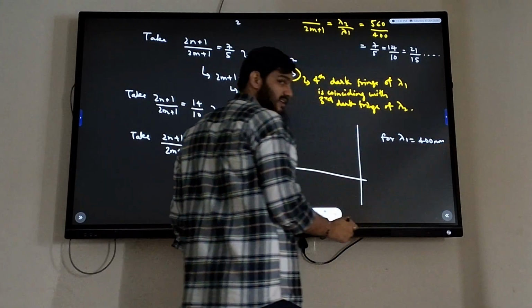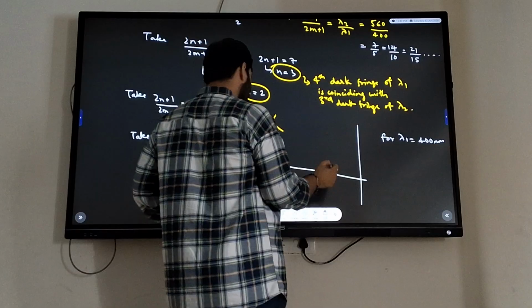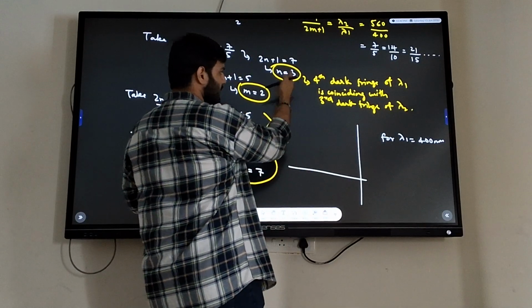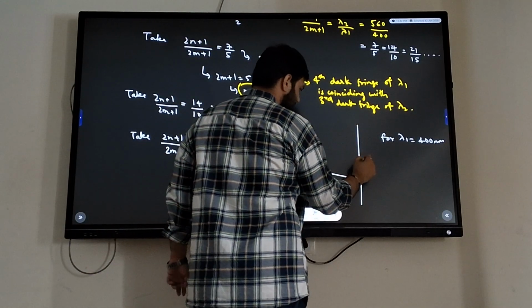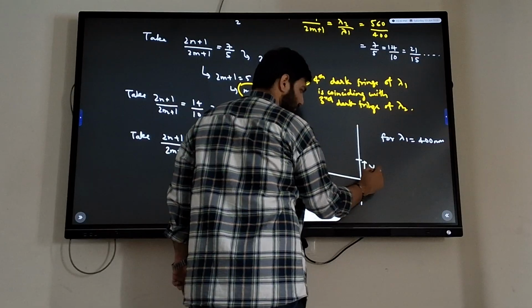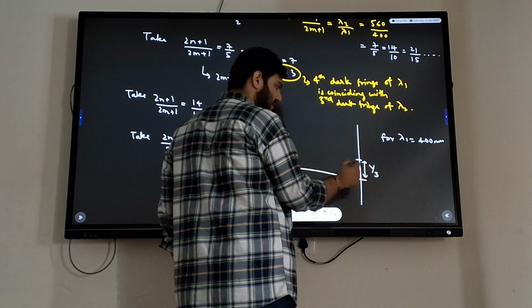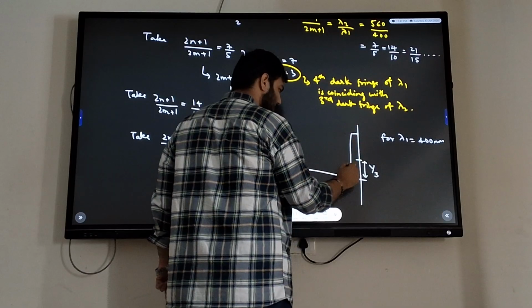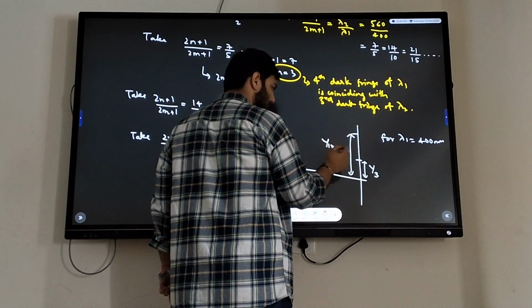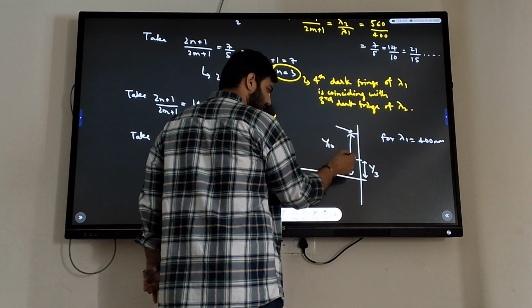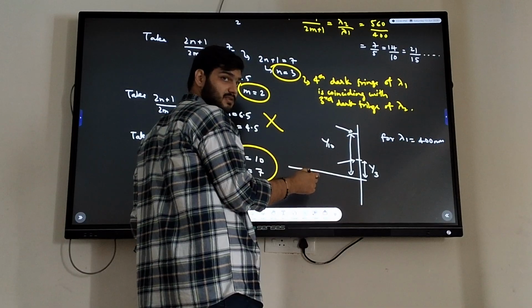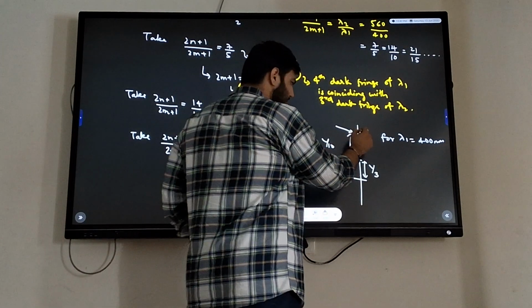If I do the calculations for lambda 1, this is the fourth, so this will be y3, and there will be y10. These are the points of complete darkness. Then now I can find the distance between them, yes or no?